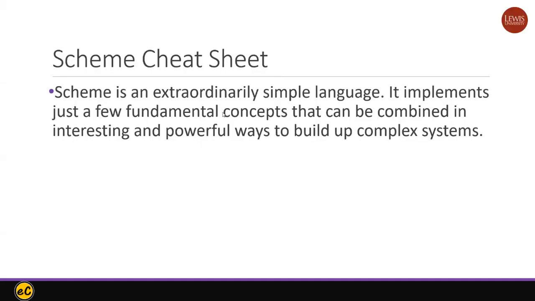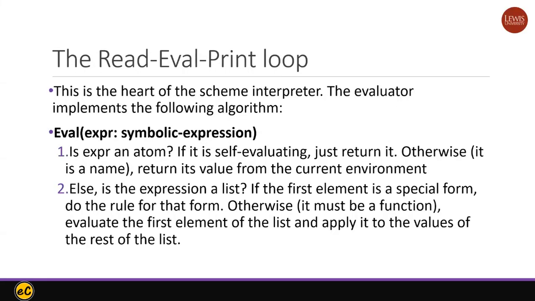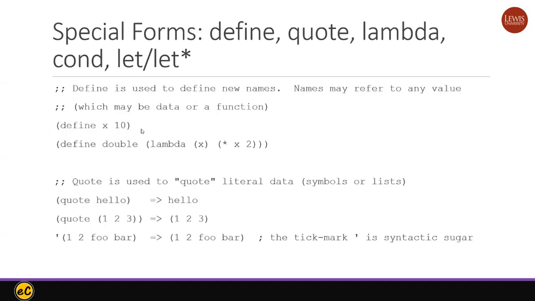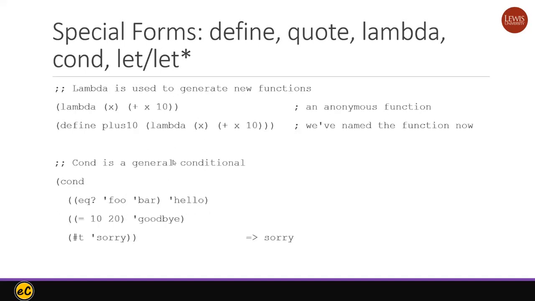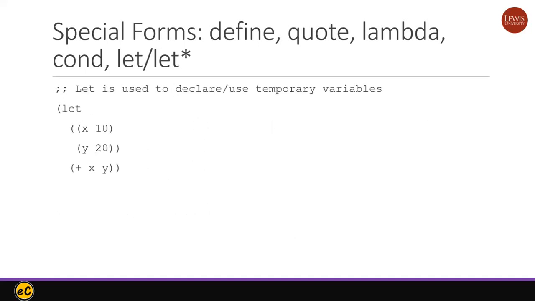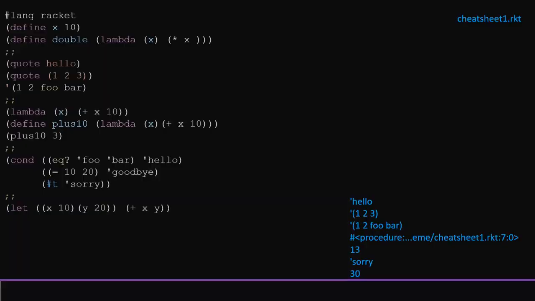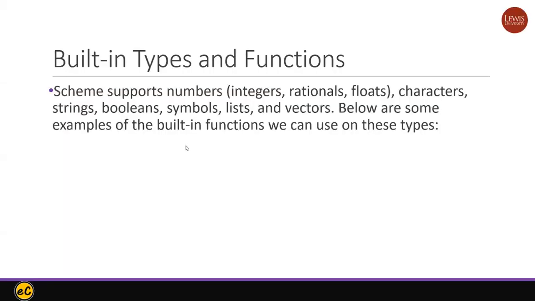Okay, next one is the Scheme cheat sheet. Here there's a function called evaluation. You can use evaluation to evaluate some program. There's a define called lambda, condition, and that. Let's see, these are not important parts.